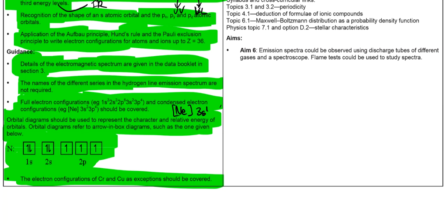So chromium and copper, the interesting thing about this is because of Hund's rule. Let me write the chromium electron configuration here. It's going to be an argon core, and you'd expect it to be 4s2 and then 3d4. However, this is not the case.